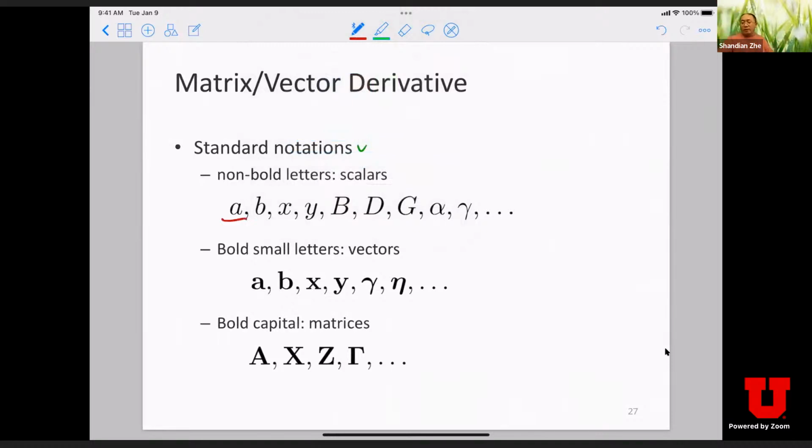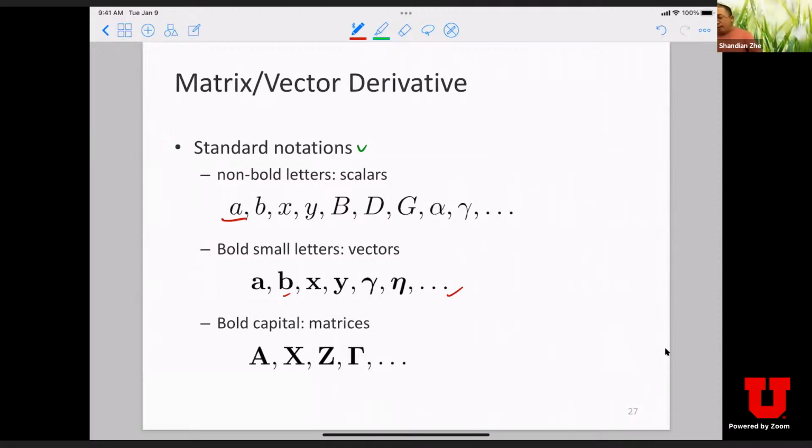If we use letters which are not bold, which are italic, it usually means it's a scalar or number. Okay. If you use lowercase letters that are bold, then it usually represents vectors. Like this, bold lowercase a, bold lowercase b, it just means vector a, vector b, and so on.